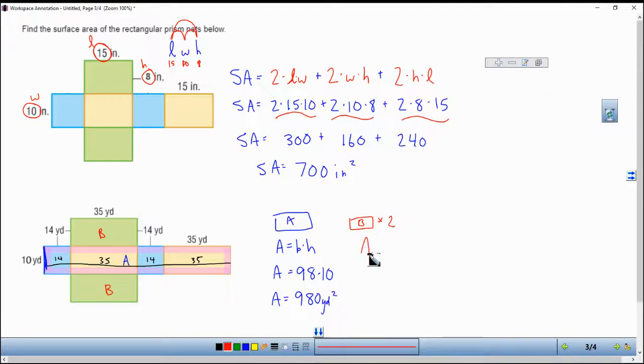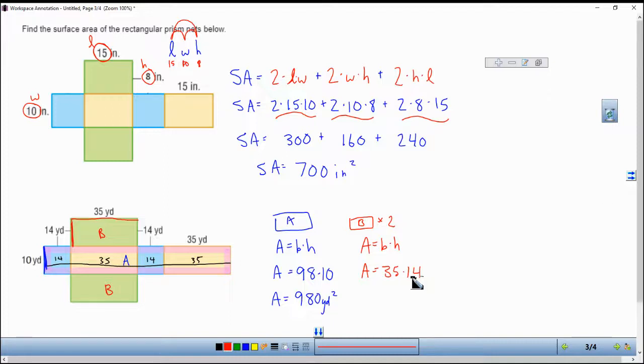And then B is also base times height. But B is a little smaller. So the base of B is just right here, it's 35. And the height of B right here is 14. So that one's a little easier to find because you don't have to add up any lengths or bases or anything like that.